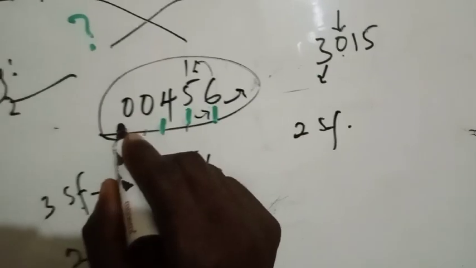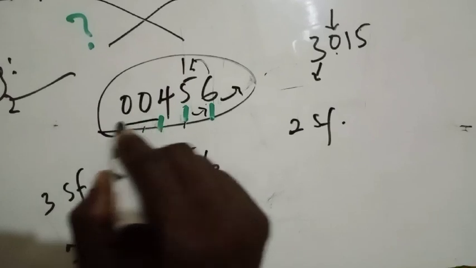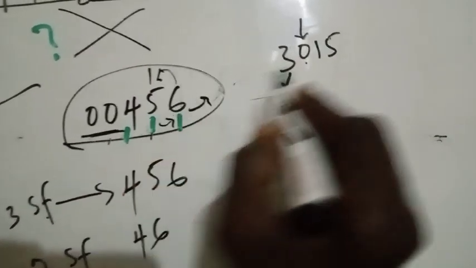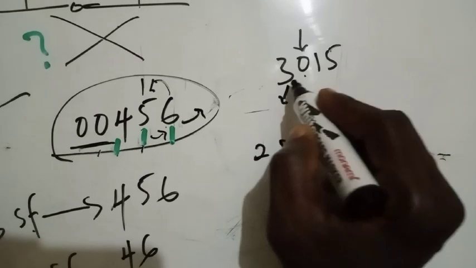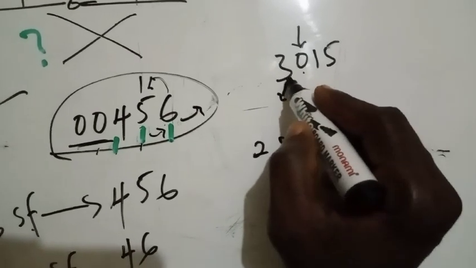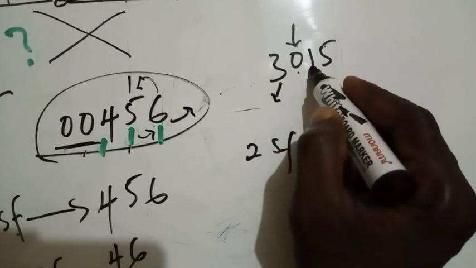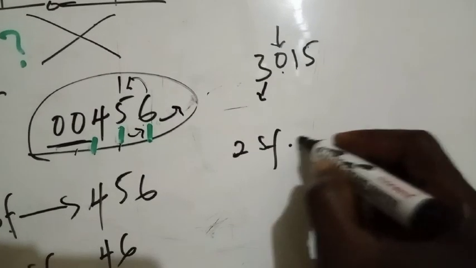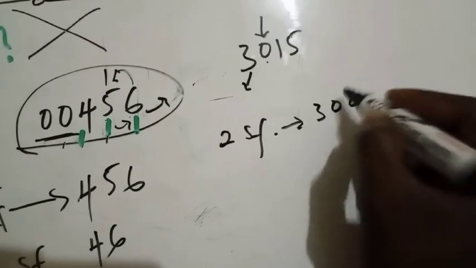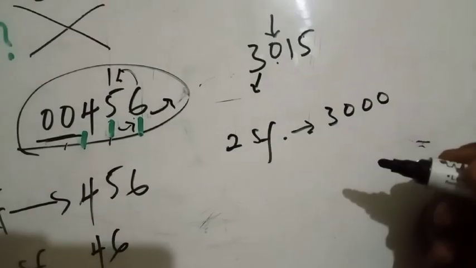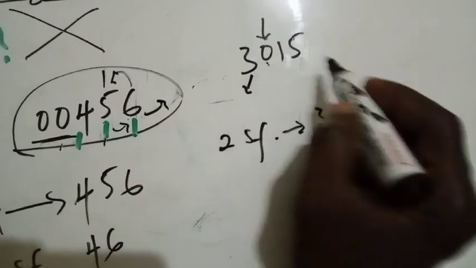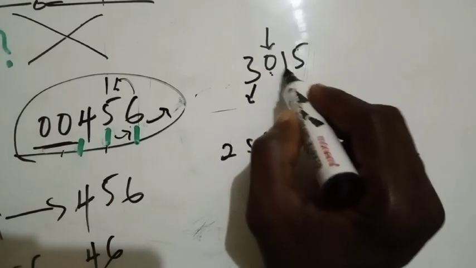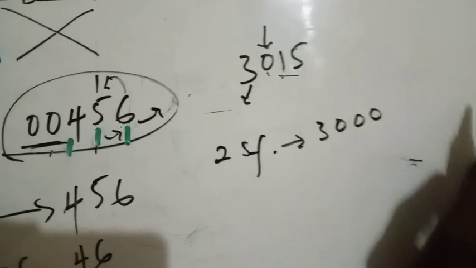Unlike this one, you see that the 0 begins here, so we are not going to count the 0 as our first significant figure. But if the 0 falls between these numbers, you must count it. So 1, 2. Look at the next person here. That is obviously less than 5, so everything tends to be 0, 0. So that should be 3, 0. Here is already 0. The next digit that follows, going forward, is less than 5, so that also tends to be 0. So everything tends to be 0, 0.